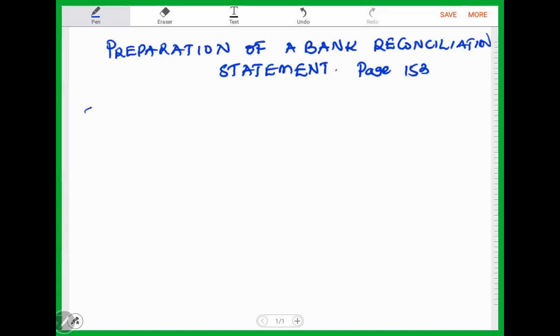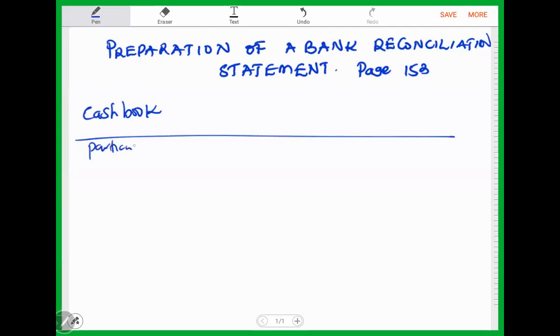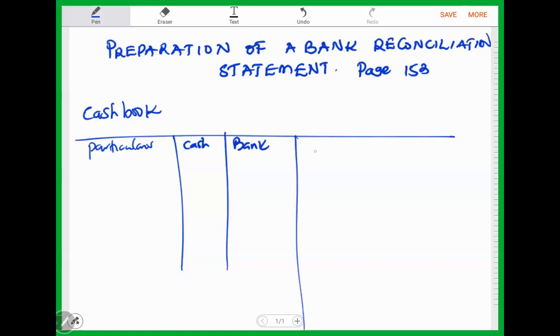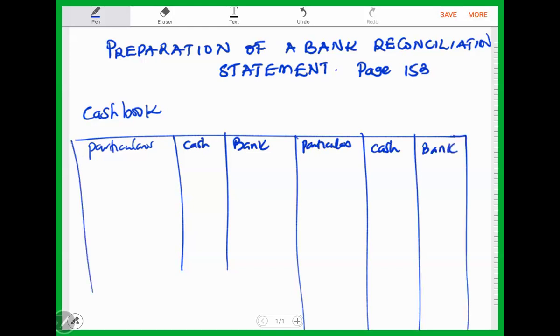Assuming this is my cash book, I have a cash book which has particulars, cash, bank, then again cash, bank. I think that this is my cash book.